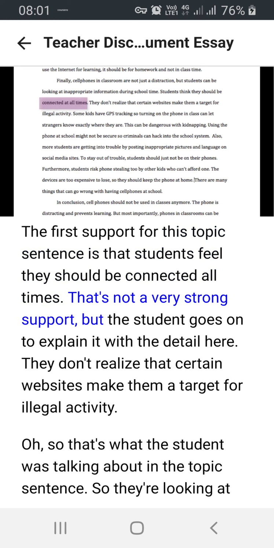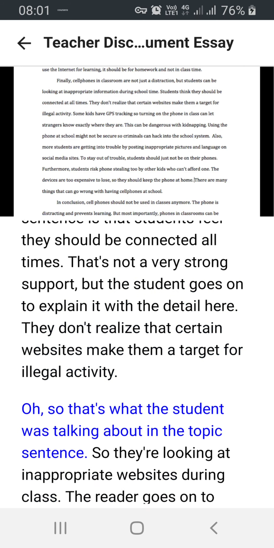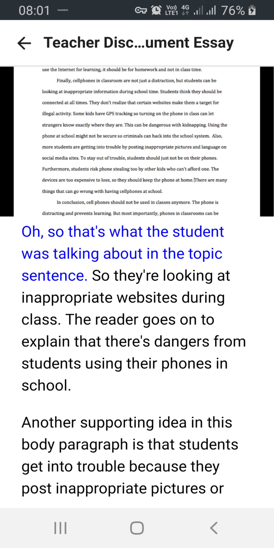That's not a very strong support, but the student goes on to explain it with the detail here. They don't realize that certain websites make them a target for illegal activity. Oh, so that's what the student was talking about in the topic sentence. So they're looking at inappropriate websites during class. The writer goes on to explain that there's dangers from students using their phones in school.